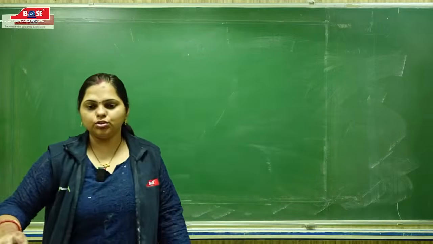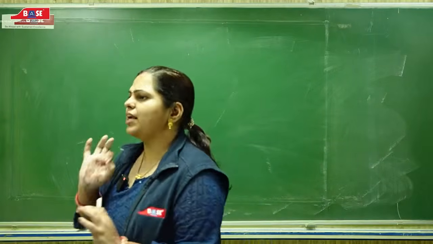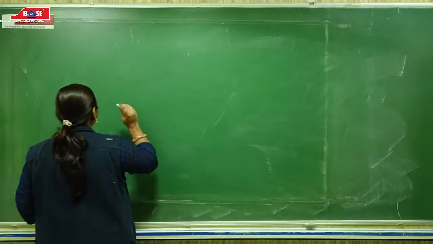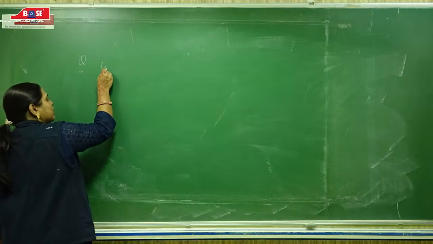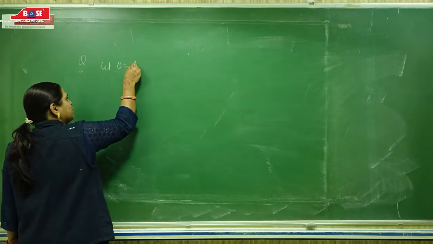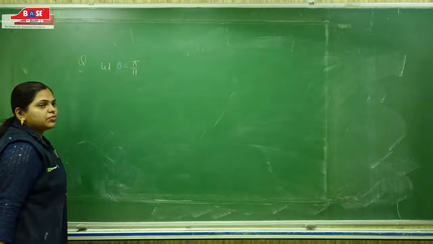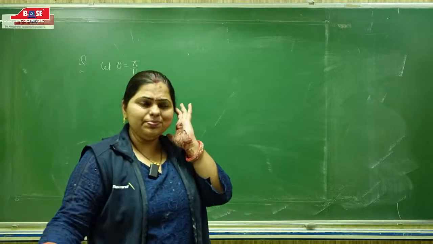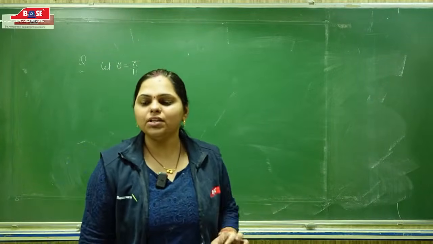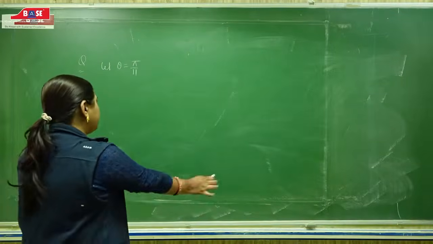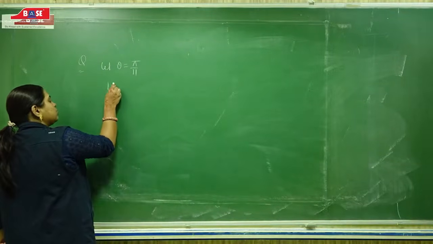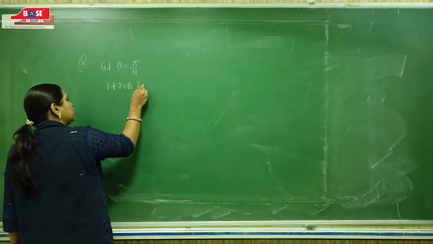So please try to see what I am trying to establish over here, just one small result. Here I have taken theta to be pi by 11, and I just need to establish a simple result. What simple result, everyone? This will be 1 plus 2 cos 2 theta.